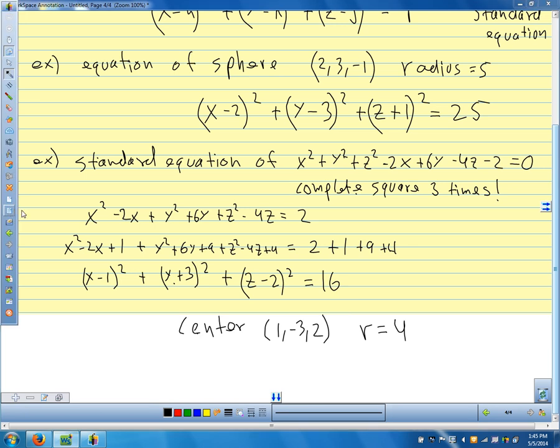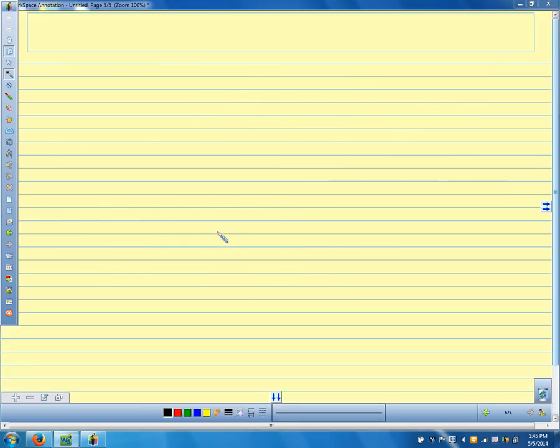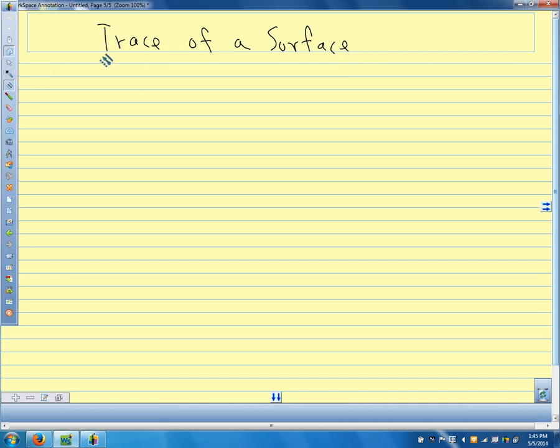All right, the last thing we need to talk about today. One tool that we use to help us visualize surfaces in 3 dimensions, when we have something a little more complicated than spheres, is we call the trace. The trace of a surface. When we're talking about the trace, we want the intersection of the surface and one of the coordinate planes.